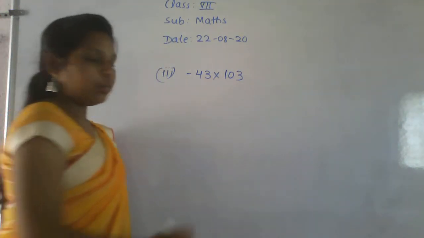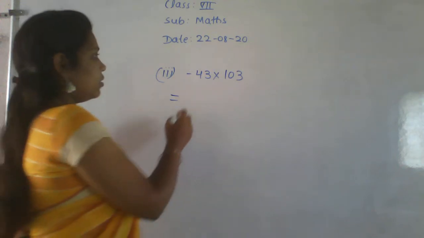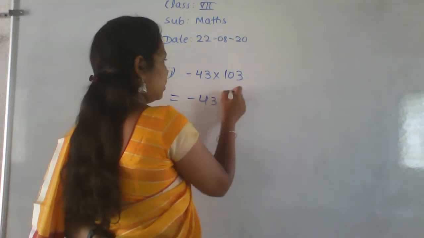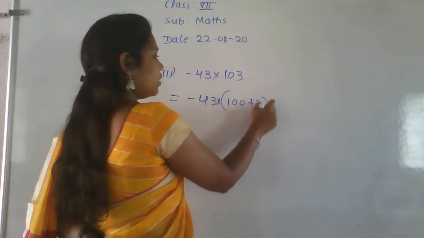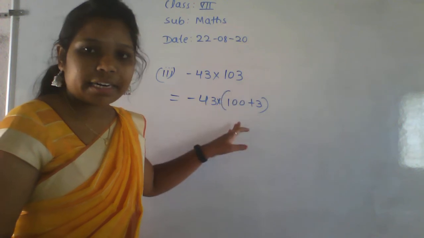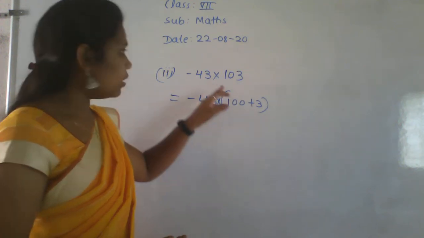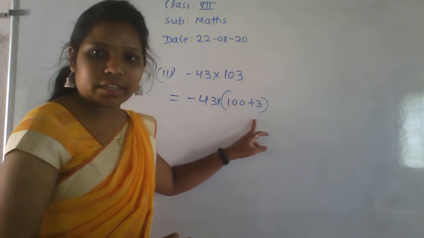Okay, so see here, this can be written as minus 43 here into 100 plus 3. 103 can be written as 100 plus 3. Getting everyone?